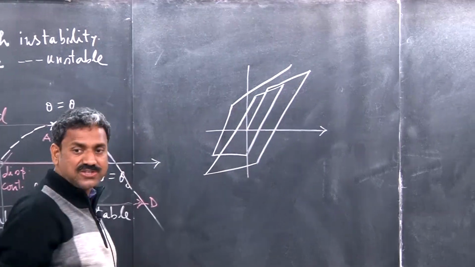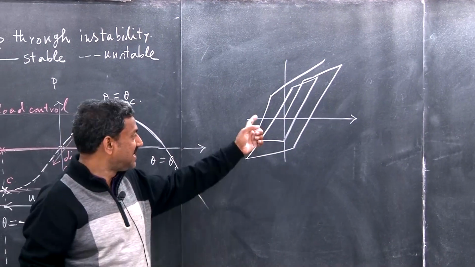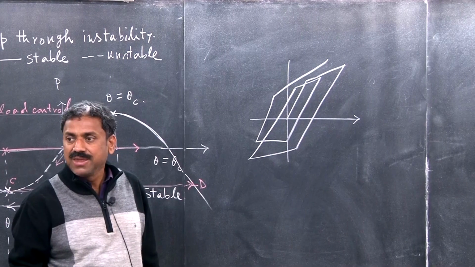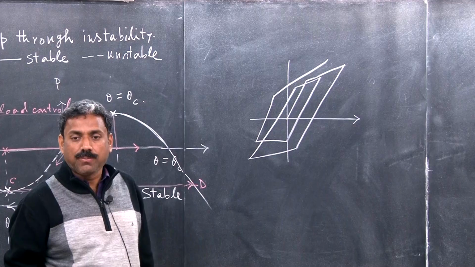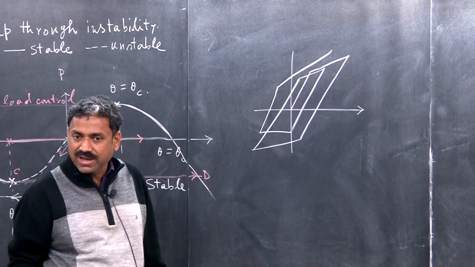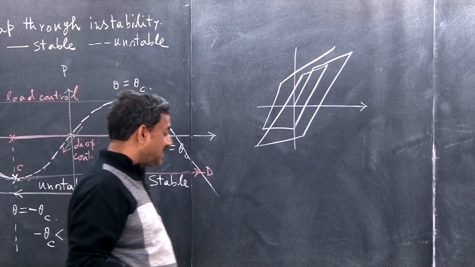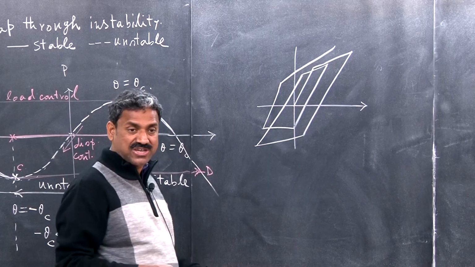So this is the hysteresis that you have seen, but this hysteresis was due to elastoplastic behavior. In any reinforced concrete column, of course that hysteresis will be a little more complicated, or in a steel structure. This is called elastoplastic hysteresis, right?